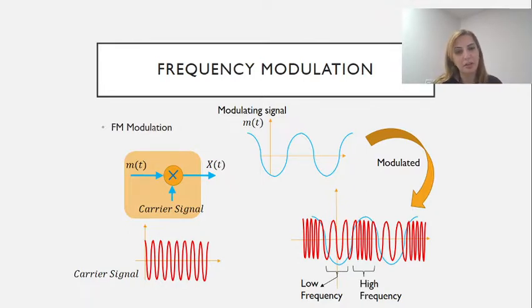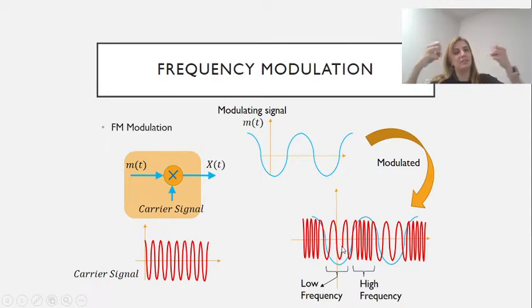So if you look at my wave here, the blue one, in this case I have positive amplitude, so my frequency is increased. The red wave is squeezed, and when I have my blue wave going toward the negative side, my frequency is decreased.